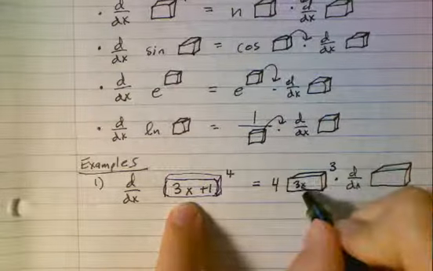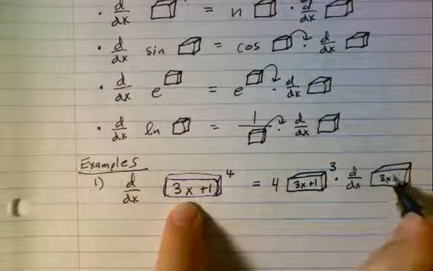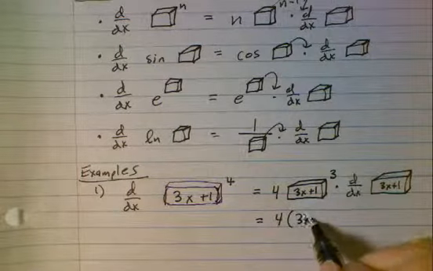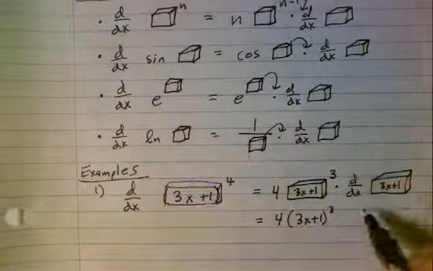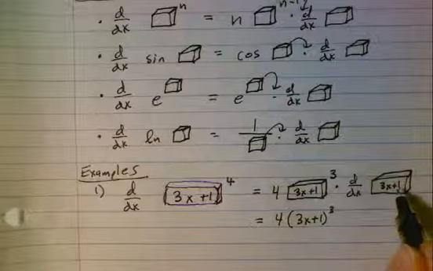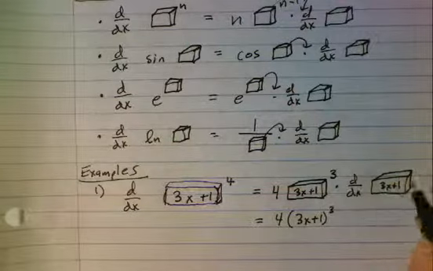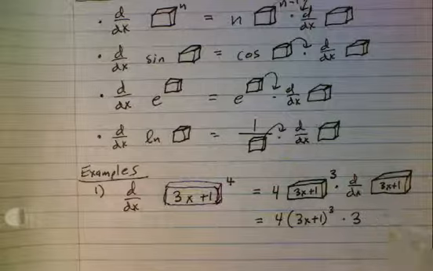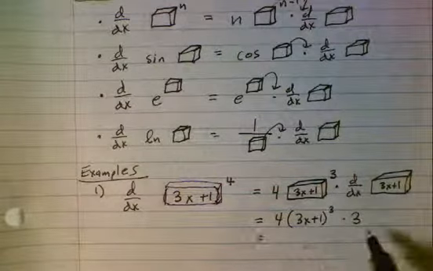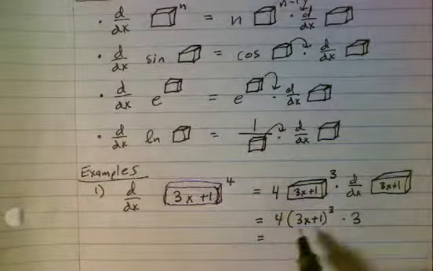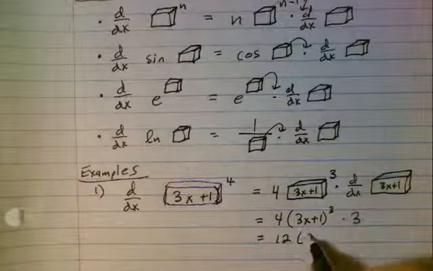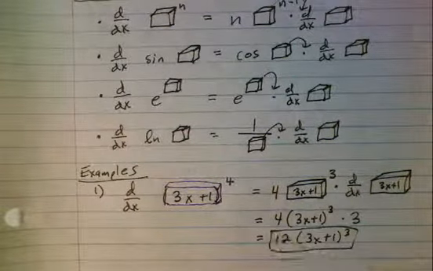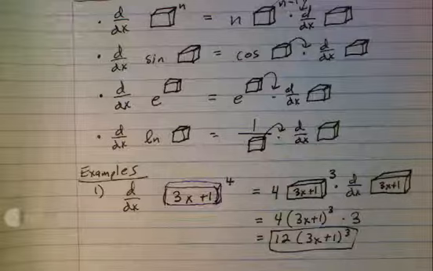It was 3x plus 1. So when we do this, we've got 4, 3x plus 1 cubed, that's just sticking around. And now we have to take the derivative of this whole thing. The derivative of 3x is 3. The derivative of 1 is 0, so we just add 0. Nothing happens there. Simplify by multiplying these together. And there we go.